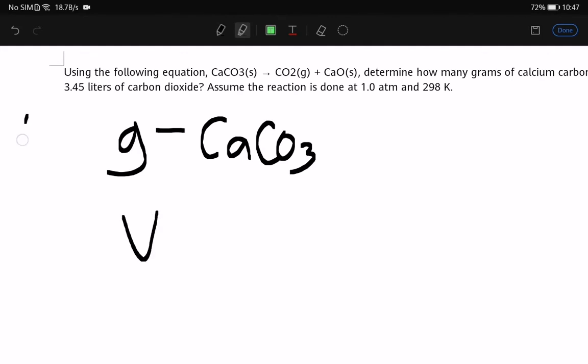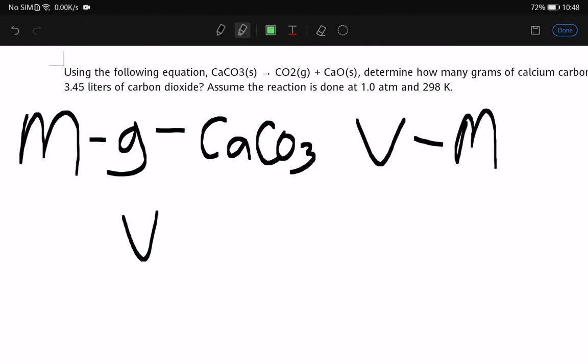This is considered as the mass of calcium carbonate. So ano to? It's a volume to mass relationship, conservation, whatever you call it. It's a volume to mass relationship or ratio.